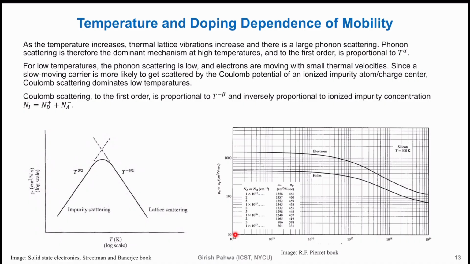So do we really have 1400 mobility for the electron in real devices? Typically no, because you will always have some kind of doping, at least 10 to the power 16, sometimes 17, sometimes 18. So you will be somewhere here. Real doping levels will give around 500 for the electrons and around 300 for the holes. Those are the numbers, and this is the mobility in the bulk semiconductor.